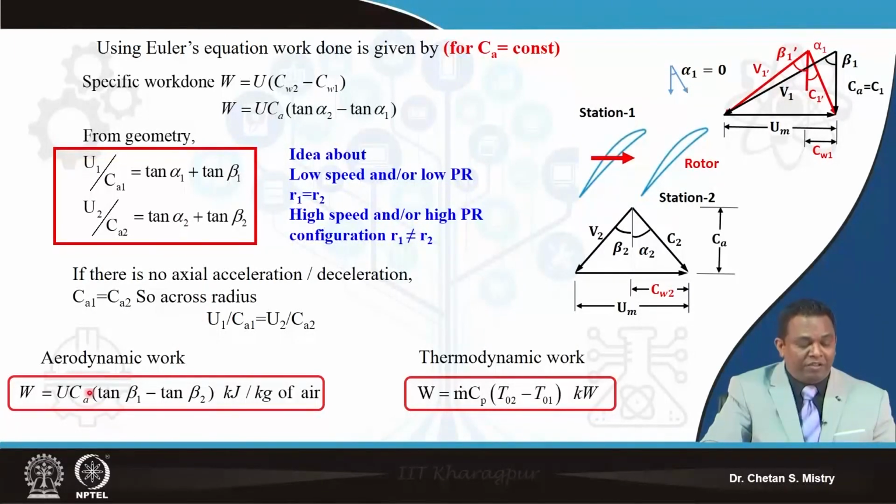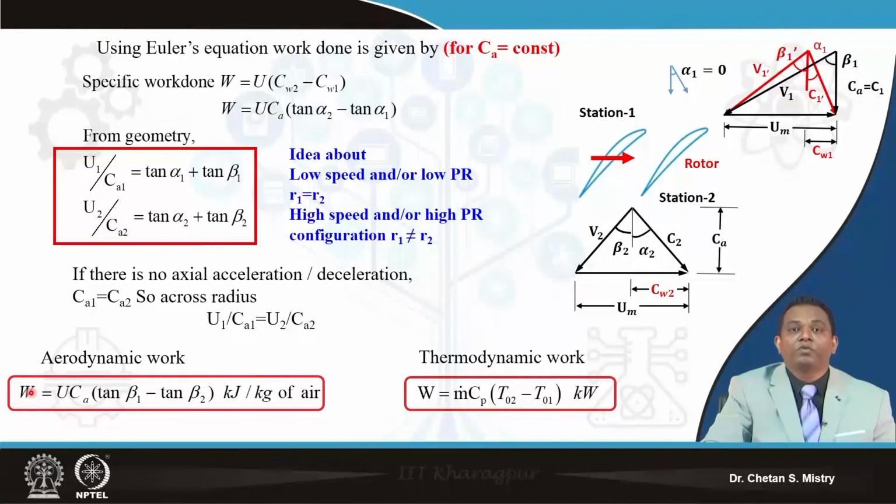And that will give me a very important equation, called aerodynamic work. We can represent that as U Ca (tan beta 1 minus tan beta 2) kilojoule per kg of air. Okay, I can write W over m dot, which represents my specific work done.